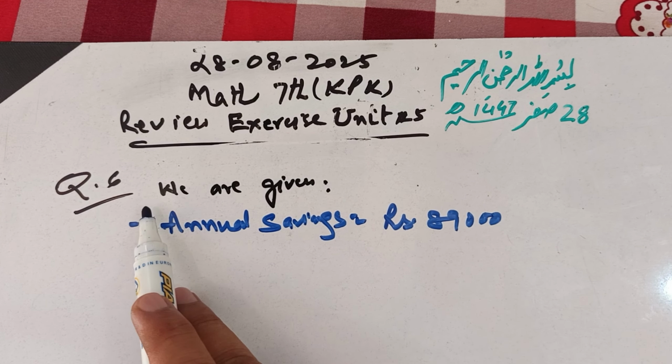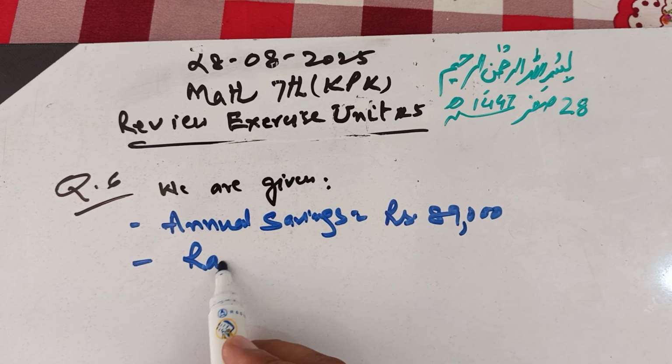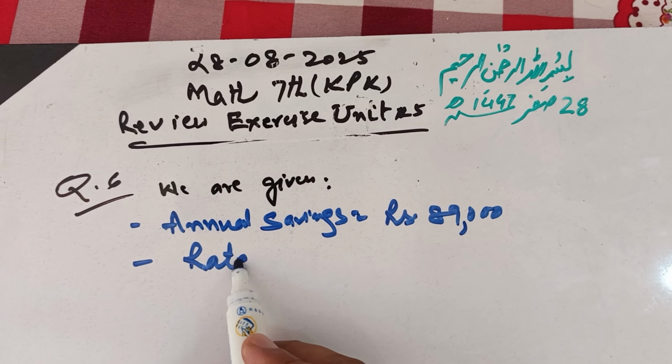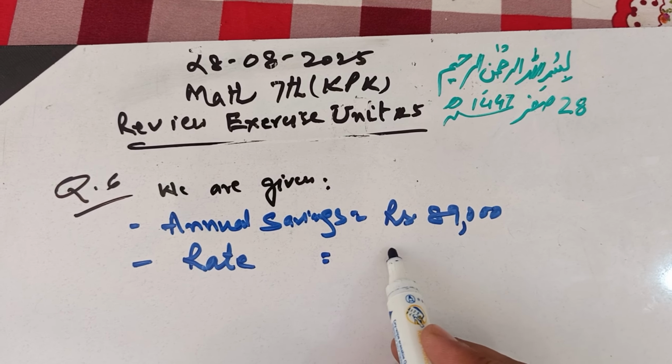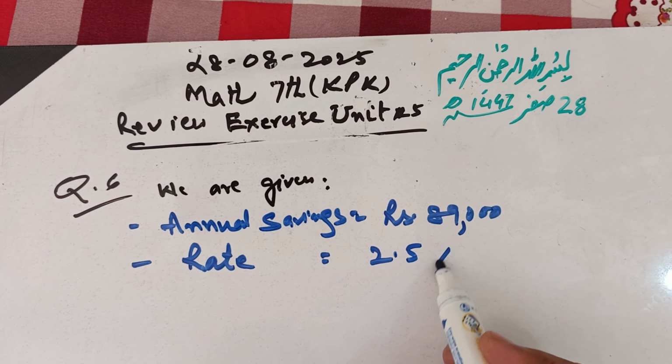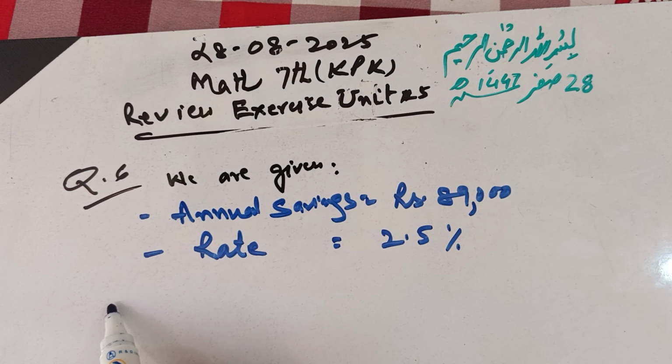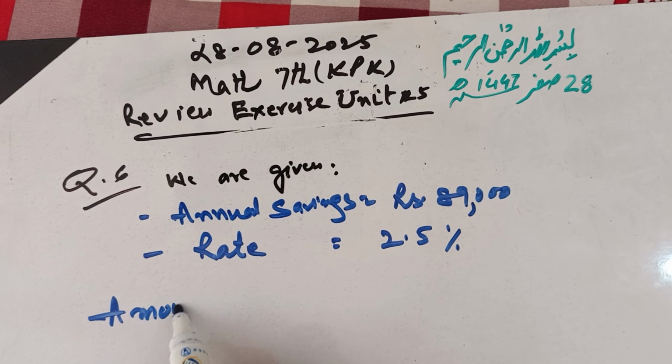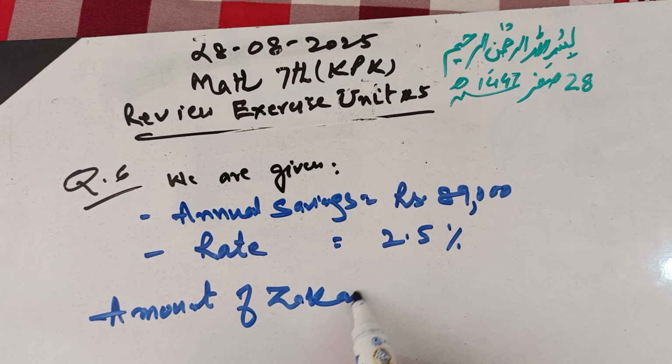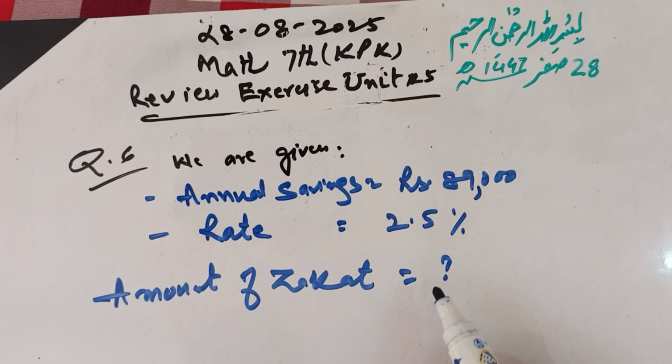In question number 6, we are given annual savings, which is rupees 89,000, and we are asked to find the amount of zakat. And we know that rate of zakat is 2.5%, and amount of zakat we have to find.